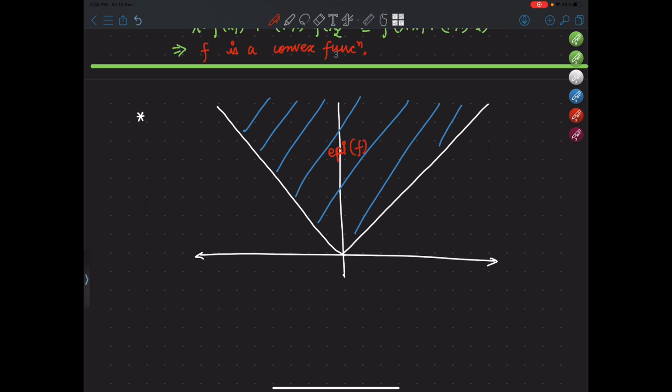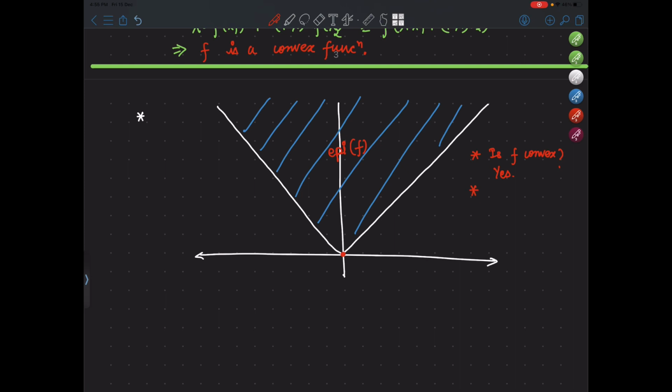So this is the epigraph. As you can see, the function is not differentiable at this point. But is the function convex? The answer is yes. Is f convex? The answer is yes.